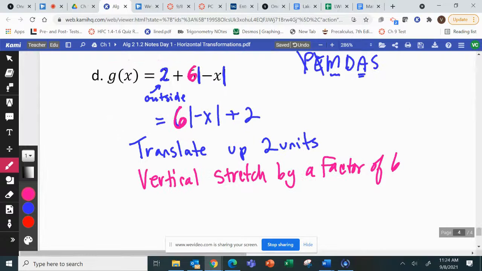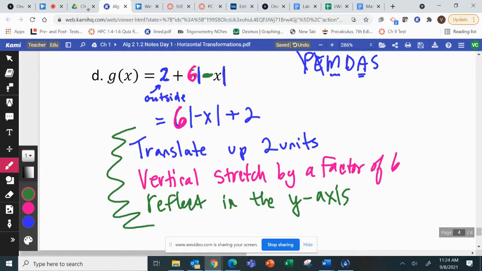And then we have a negative sign, and that is the y-axis. Yes, we're going to say reflect in the y-axis. You guys are learning how to do transformations at the same time you're learning the vocabulary.